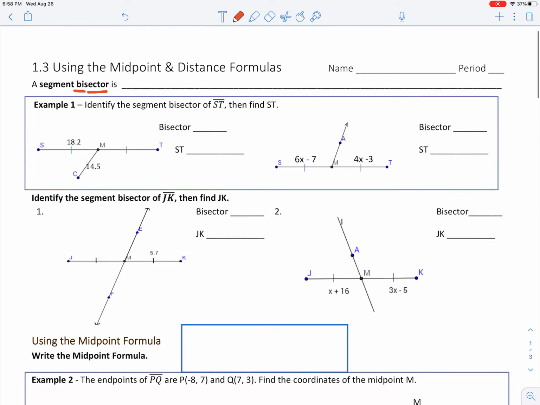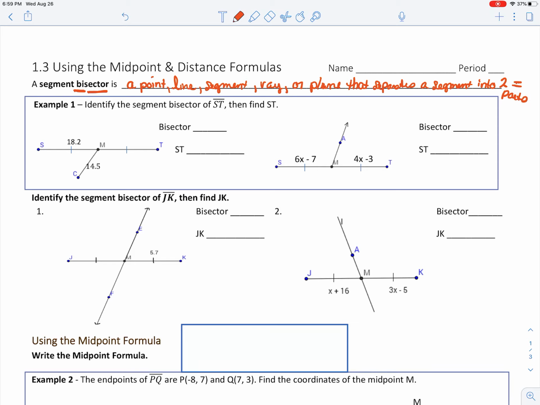A segment bisector is a point, line, segment, ray, or plane that separates or cuts a segment into 2 equal parts. Bisector. 2 parts. So we have a segment bisector for segment ST.